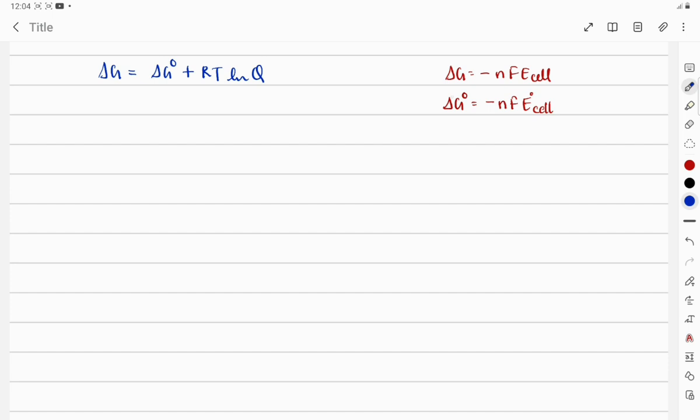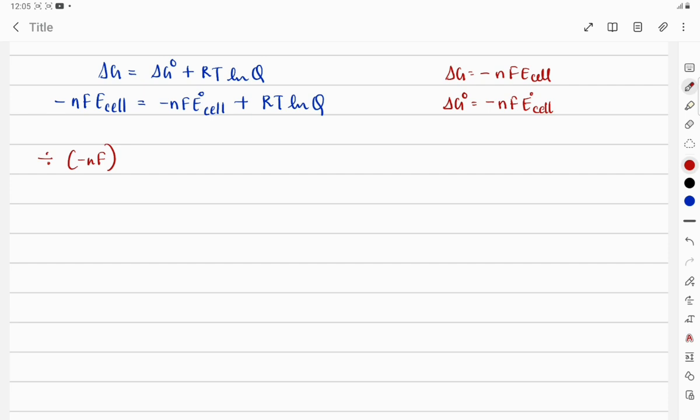Now let's substitute these two into this equation. Instead of delta G, I can write minus NF E cell. And instead of delta G0, I can write minus NF E0 cell, plus what is left, RT ln Q. Now let's divide throughout the equation by minus NF.